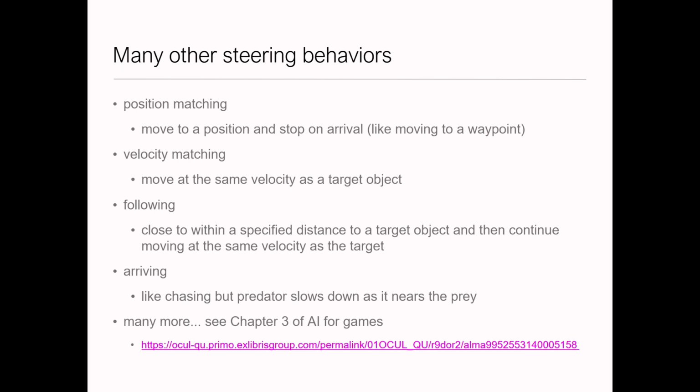You might want the predator to match the position of the prey, but that's basically like moving to a waypoint. So that's pretty easy. If you have waypoint motion already programmed, you've already got that kind of matching.